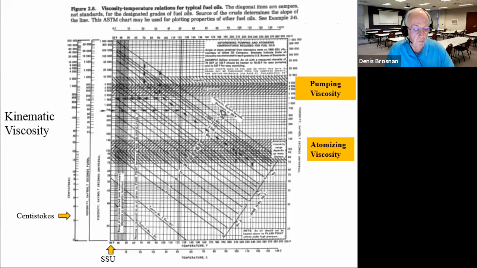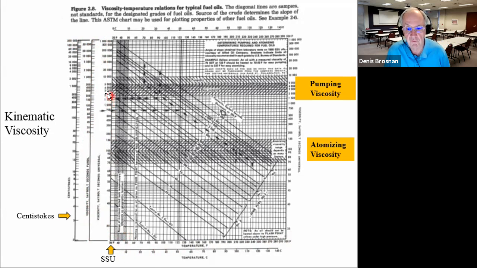Now, the North American people have a nice diagram of viscosity of oils. This is kinematic viscosity that we might measure with a cup device like a Saybolt cup. But nevertheless, here's viscosity on the vertical axis, and we have temperature on the horizontal axis.